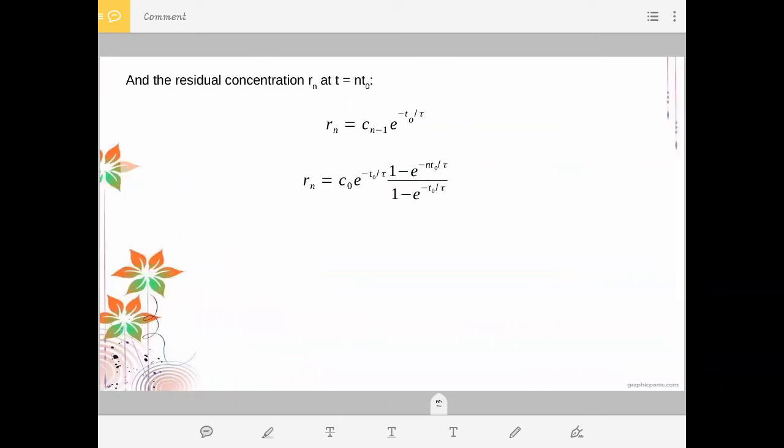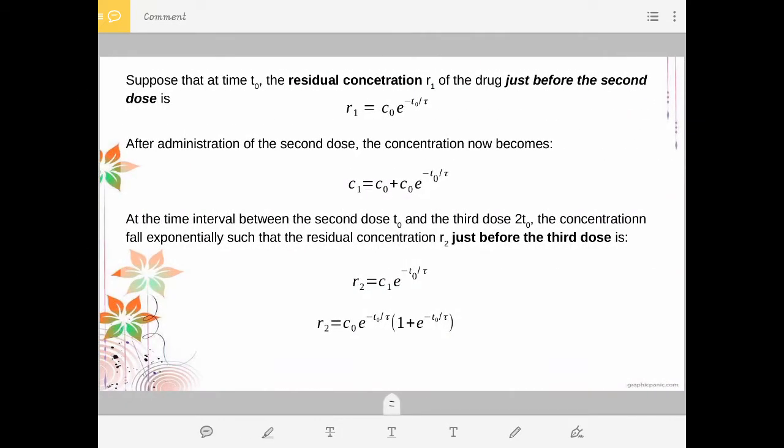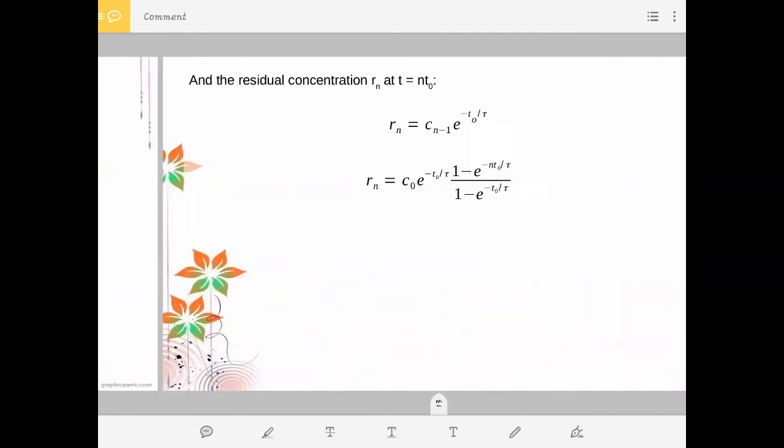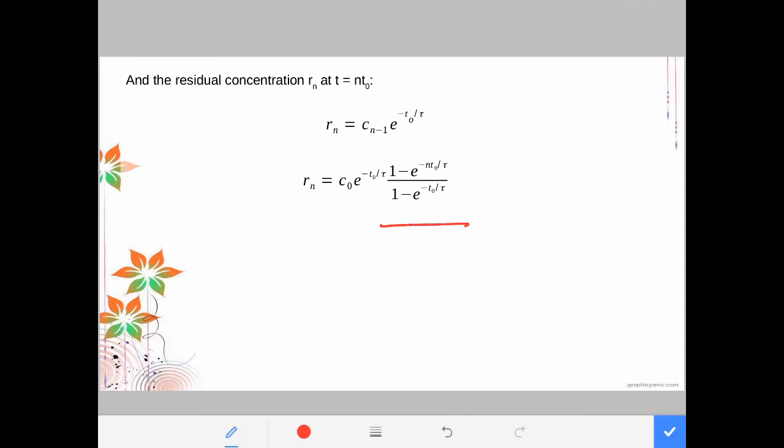Now that we have the concentration after the nth dose, let's look at the residual concentration. The same definition goes. We can actually see another geometric series here. If we sum this geometric series, we get this value: Rn equals C0 times e raised to minus T, with an added factor from the initial definition.